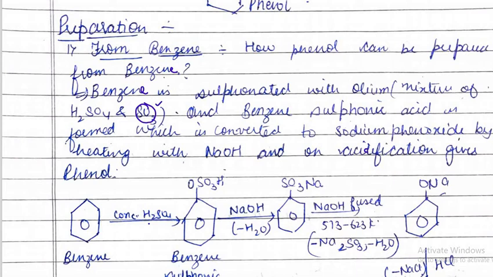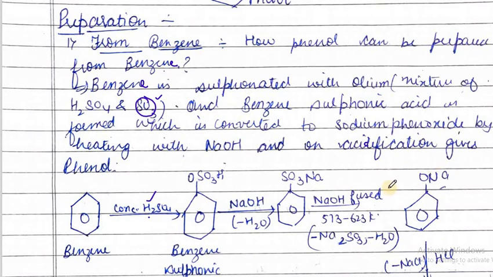First, benzene is treated with oleum to get benzene sulfonic acid, and then with sodium hydroxide. When treated with sodium hydroxide, water is removed and hydrogen is replaced with sodium. So we get the sodium salt.